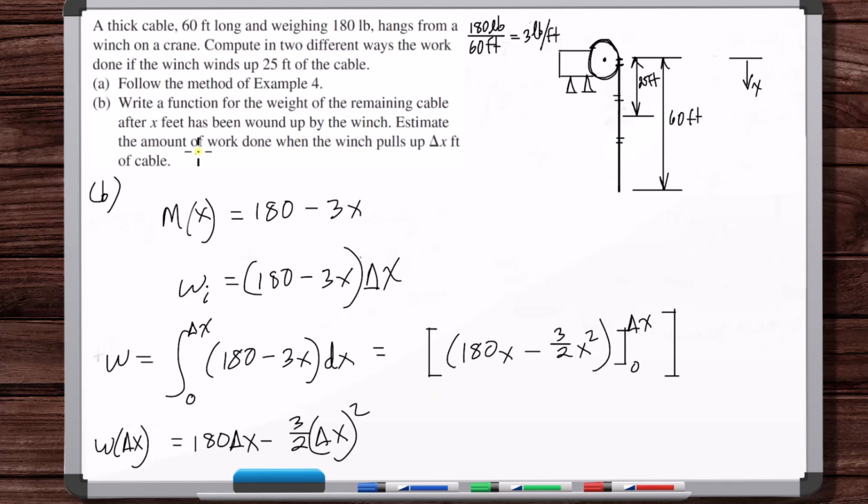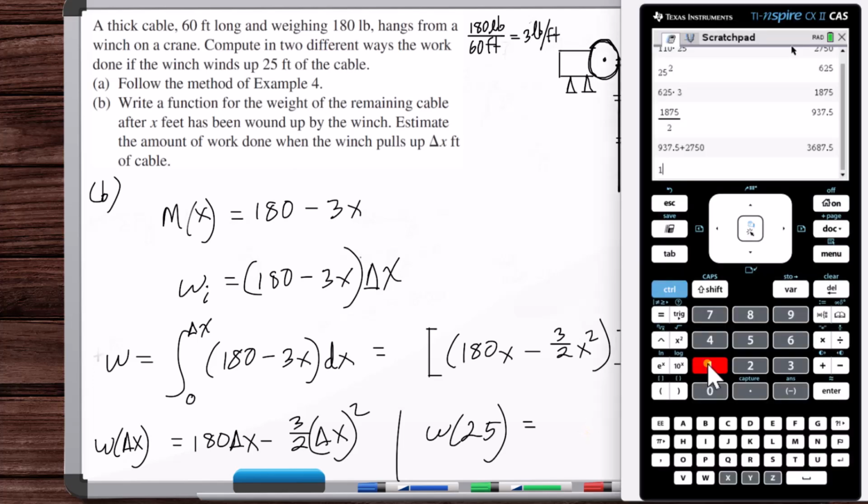Okay, so this is the work done for when the winch pulls up any amount of feet. So we still want to get the answer to the question. So what is W of 25? It's, okay, 180 times 25 minus 3/2 times 25 squared, that minus that.